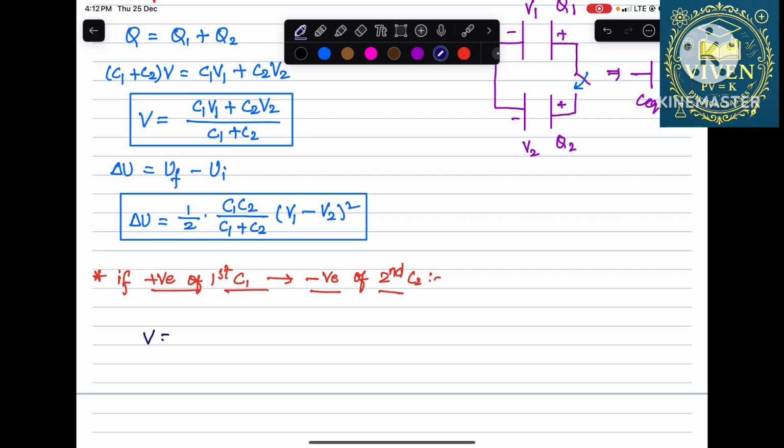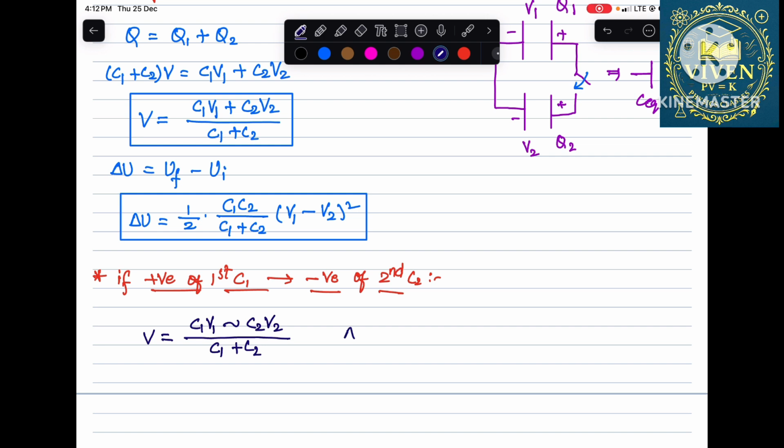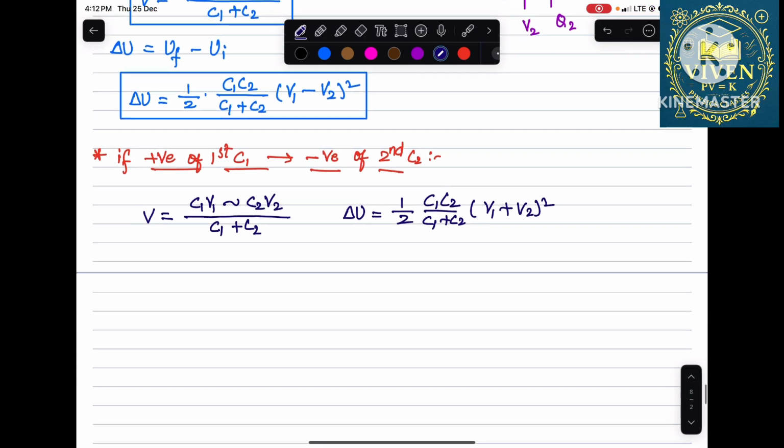The effective potential V is going to be (C1 V1 minus C2 V2, whichever is greater, that one you can use) by C1 plus C2. This remains constant as usual, and then change in energy delta U is equal to the same half into C1 C2 by C1 plus C2 into (V1 plus V2) whole square. So this is the difference. I mean, they are connected in series in that case.